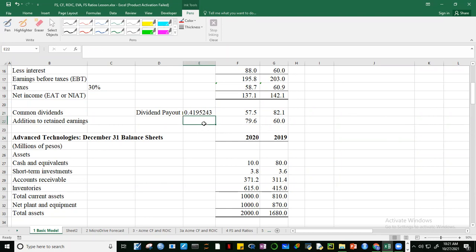Of course, this should be equal to this one divided by the net income after tax. So of the 100% pie of the net income, around 42% was distributed as dividends, and 58% flowed back to the operations. It was addition to retained earnings.